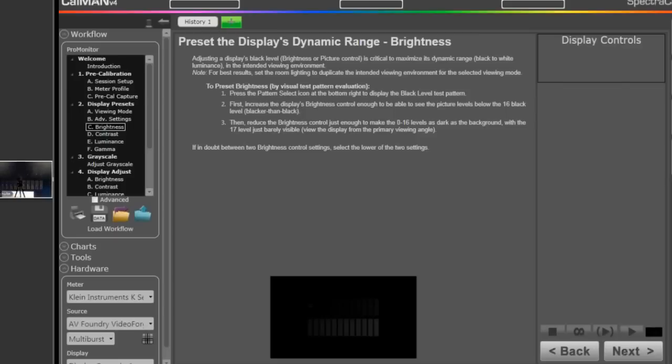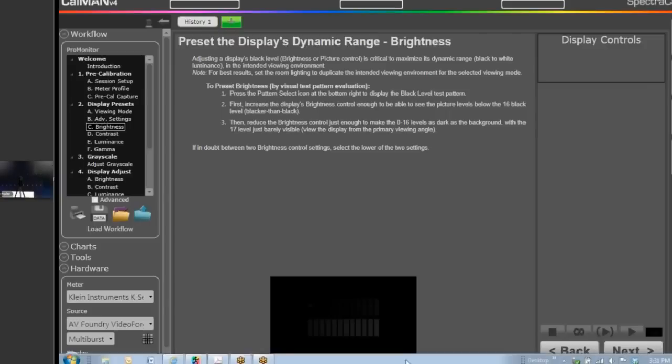I will set that down to where 16 is dark, and from my position here I can just barely make out 17 at about 57 on the setting. And so that would be an appropriate setting for the brightness control on this particular display. Now that will change with the lighting environment that you're viewing the display in, and so you want to be sure that you are setting this control while you have the typical lighting in the viewing environment.